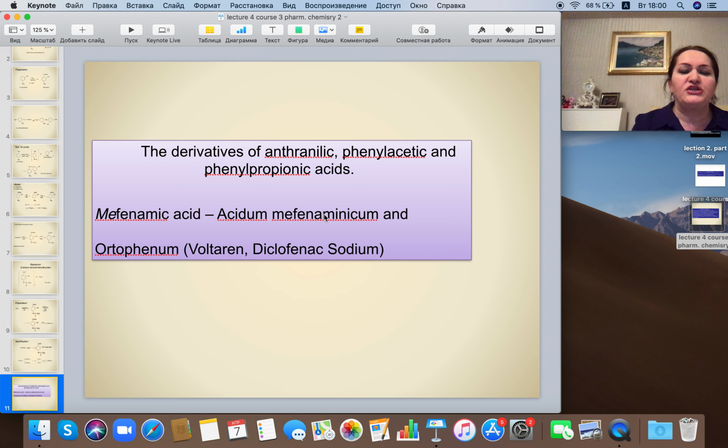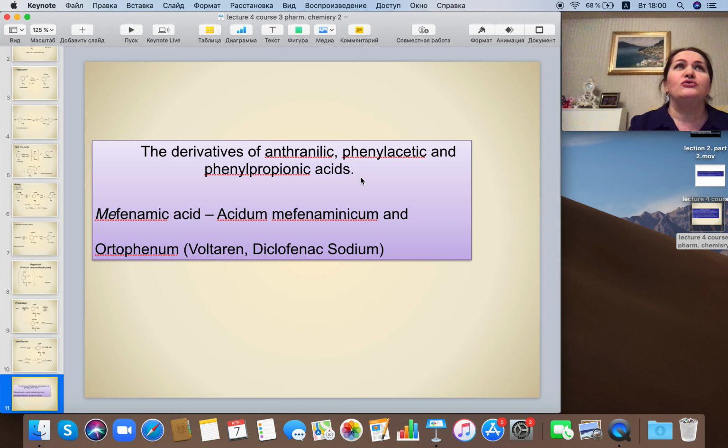But today we take non-steroidal anti-inflammatory remedies and some groups of them, for example, the derivatives of anthranilic, phenylacetic, phenylpropionic acid.